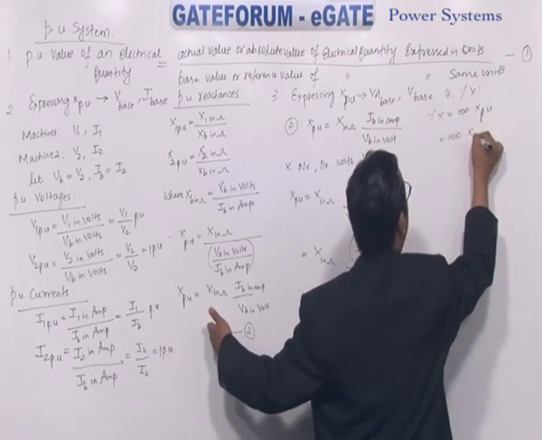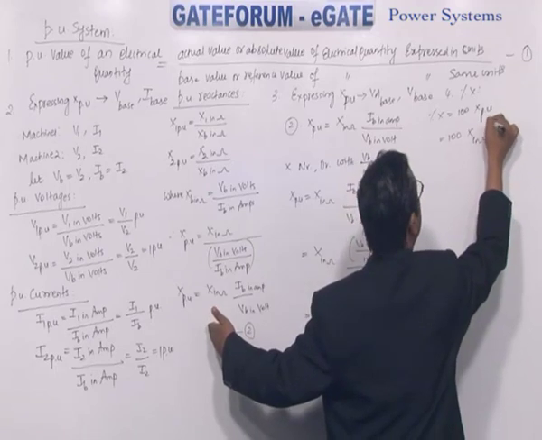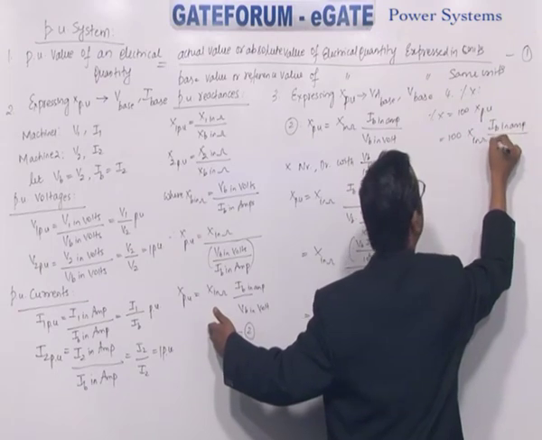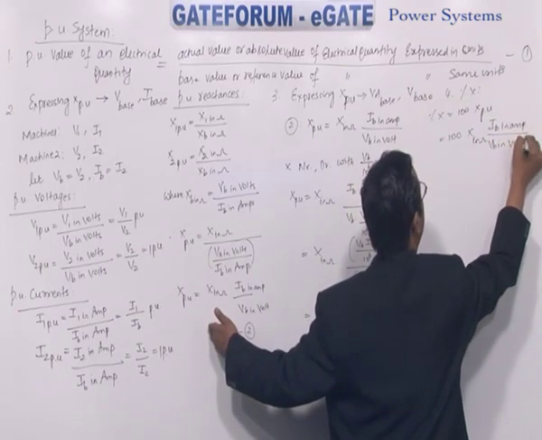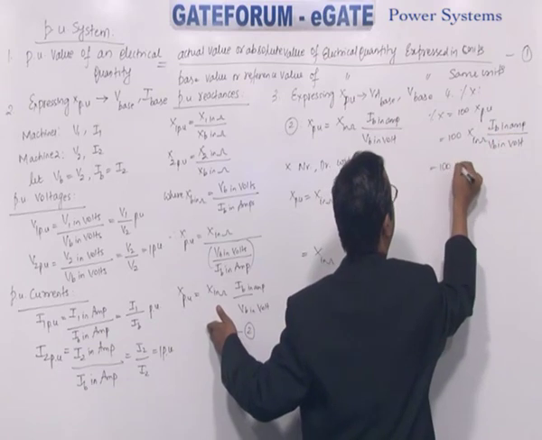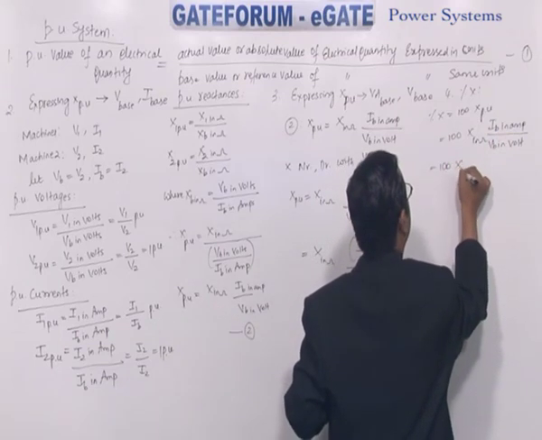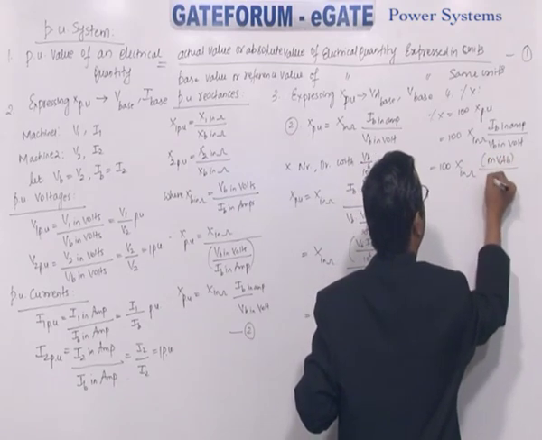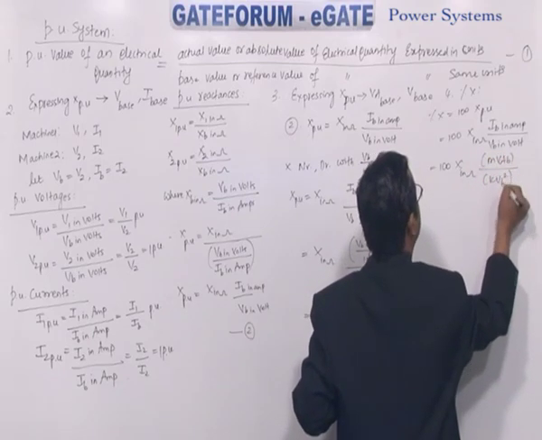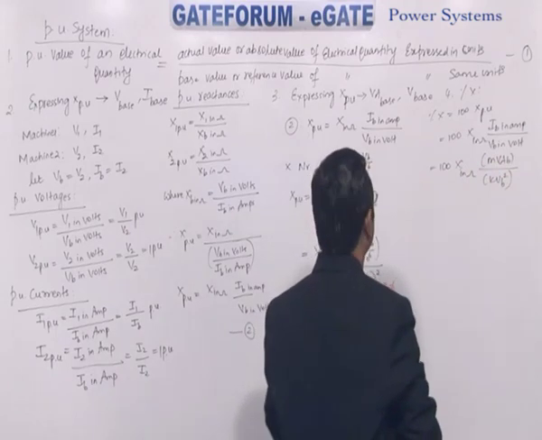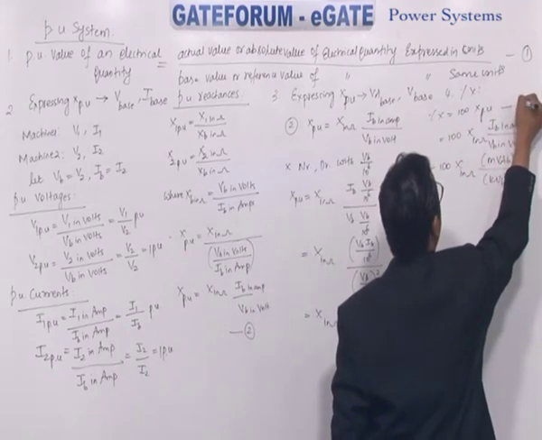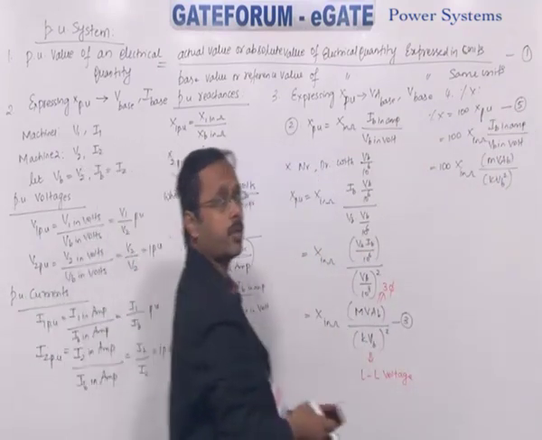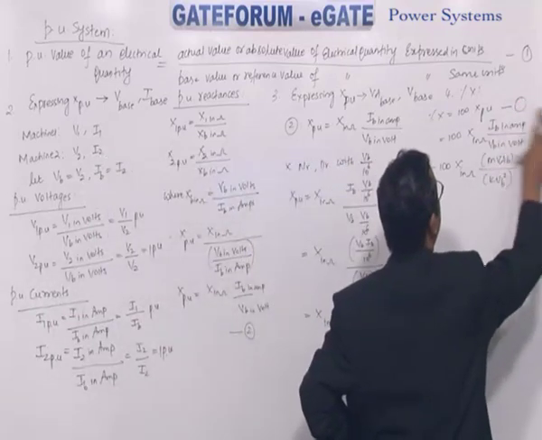First substitute this formula: X in ohms multiplied with the base current in amperes by the base voltage in volts, or 100 into, substitute this formula, X in ohms multiplied with the base MVA by base kV square. So this formula is important. Per unit reactance into 100, you get the percentage reactance.